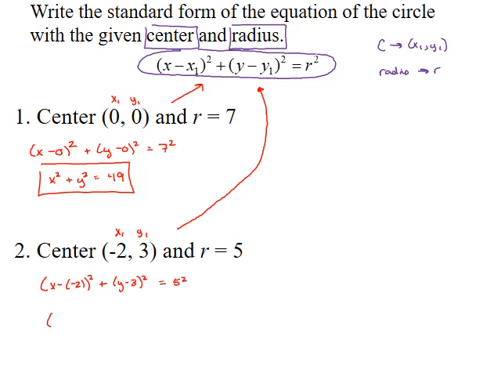So we know that x minus a -2 is the same thing as x plus 2 all squared. When there's no double negative, don't mess with it. Just leave that as y minus 3 squared, and then 5 squared is 25. This is the equation of a circle centered at -2, 3 and a radius of 5.